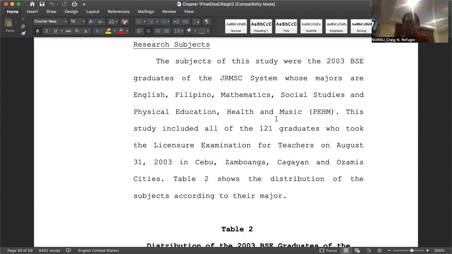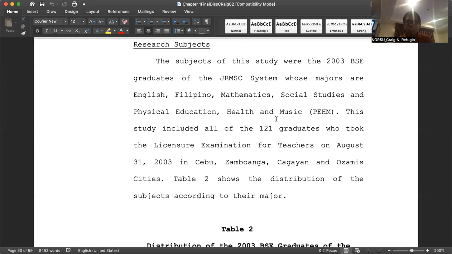If the design is experimental, either true experimental or quasi-experimental research design, the term is research subjects or subjects of the study, participants of the study or research participants. Why?